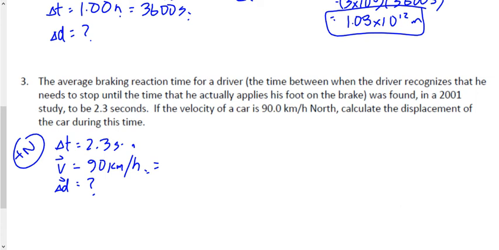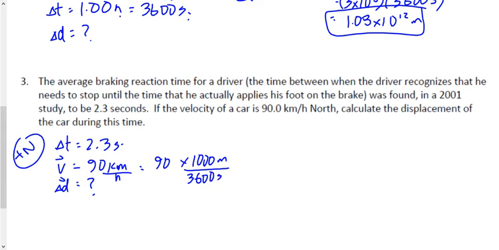90 kilometers in 1 hour is the same as saying 90 times 1,000 meters per 1 hour or per 3,600 seconds.